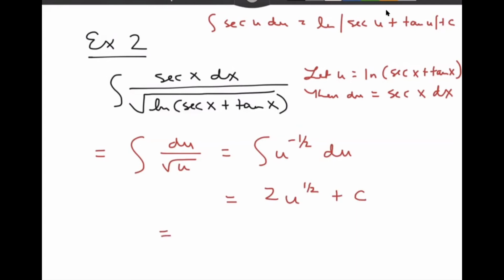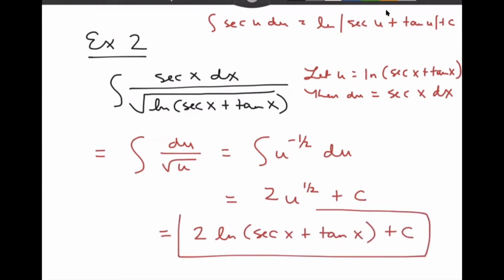So the final answer would be 2 times the natural log of secant x plus tangent x, plus c. Isn't that fun? All right, let's see.